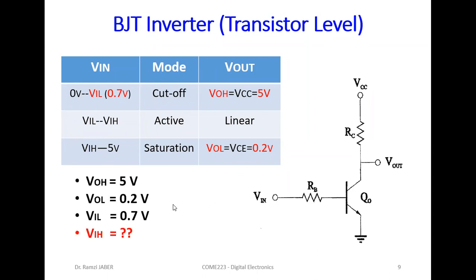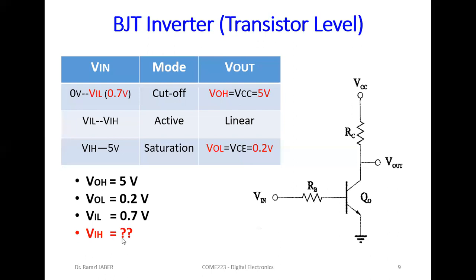Now we have output high 5 volt, output low 0.2 volt, and the input low for a BJT is fixed at 0.7 volt. But now the question is, what is the value of the input high? The input high will depend on RC, RB, and beta of the transistor.